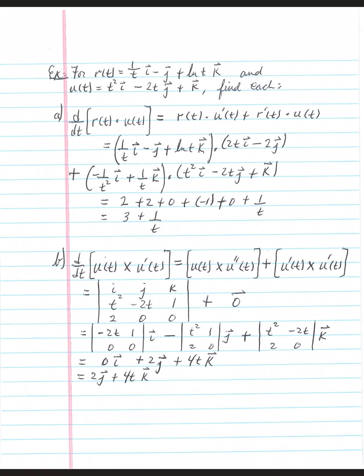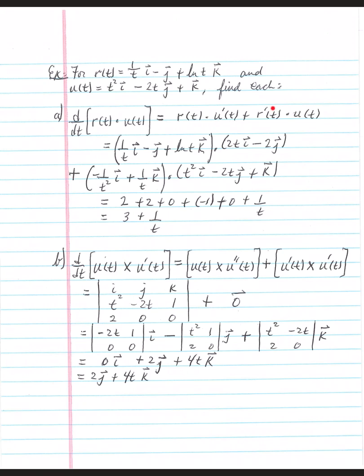All right, so think of it as product rule from back in your Cal 1: derivative of the first times the second, plus first times derivative of the second. Those properties still look familiar. Okay, so what we'll do is we'll take r of t just like it is, recopy it. The derivative of u is going to be 2t i minus 2 j, and then because k is a constant, it goes to 0.